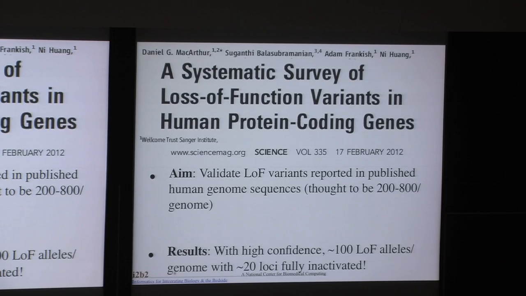And furthermore, they showed with biological validation that 20 out of the 100 that they looked at were fully inactivated. Now, those of us who have lived through the 80s of knockout mice, when we saw every time we knocked out a gene, we didn't get a disease, this is not such a surprise. But it tells us that what we think deterministically about these genes ain't quite so.